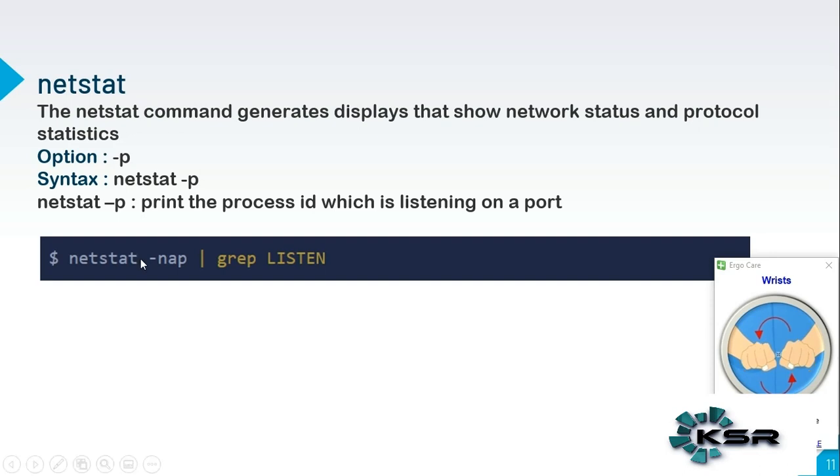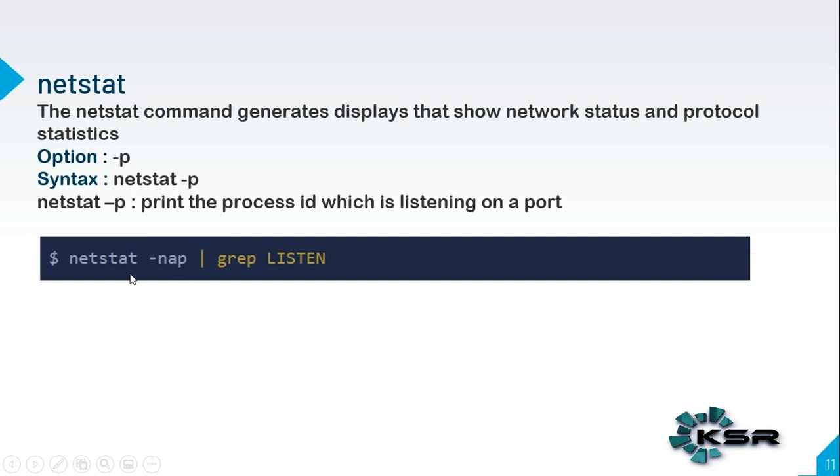Hyphen p is an option, and in the command prompt, you can see hyphen nap is the option. If you give netstat hyphen nap with grep listen, you can see we are using grep here with the keyword listen. It will display the listening list with the ports and the process IDs for those ports.